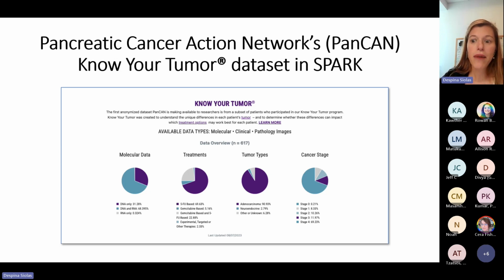And we collaborated with PanCan, who has a Know Your Tumor data set in Spark. And it's different because it's considered a real world data set. They can always correct me if I'm wrong, but basically, this data set is available to researchers through a subset of patients who participated in the Know Your Tumor clinical program. The Know Your Tumor clinical trial, which has been published, is to understand the unique differences between a patient's tumor.